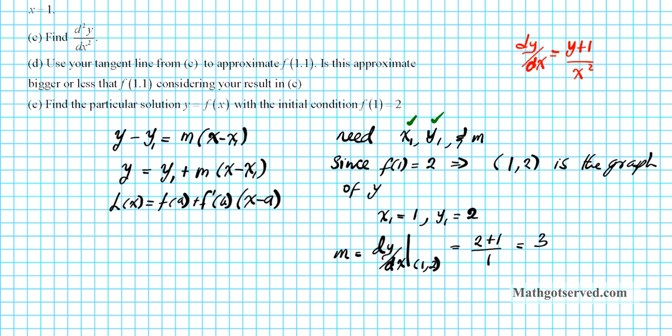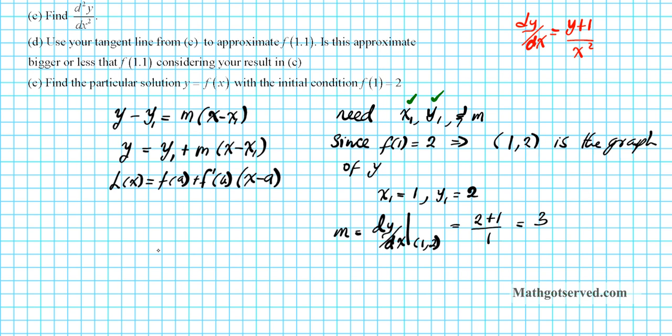Now we have all the ingredients we need to write down the equation of our tangent line. So we're going to have y is equal to y1, which is 2, plus m, which is 3, times (x minus x1). x1 is 1.